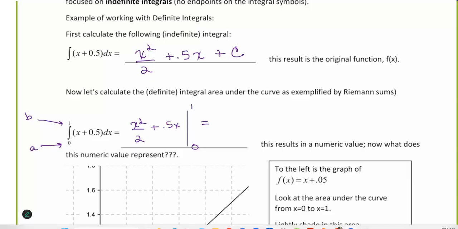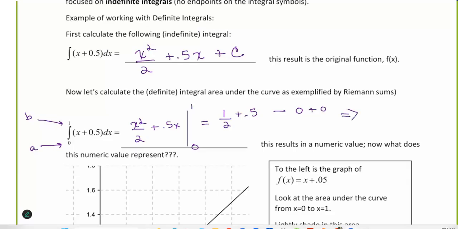So the first piece becomes 1 squared, which is just 1, plus 0.5 times 1, which doesn't change either. So I have those two terms, and now I'm going to subtract that from plugging the 0 in. If I plug in a 0 in the x squared, that's going to be a 0. If I plug in a 0 in the x attached to the 0.5, that'll be a 0.